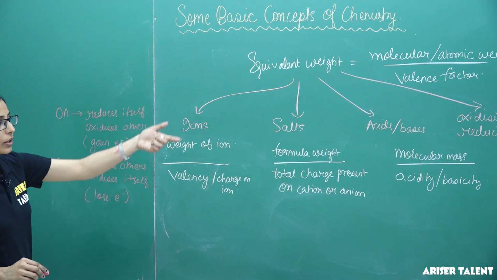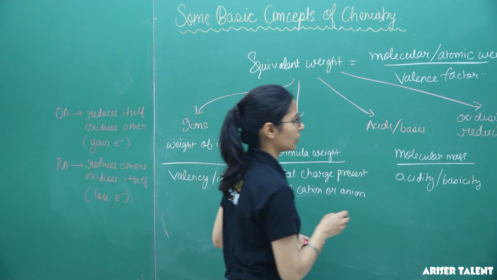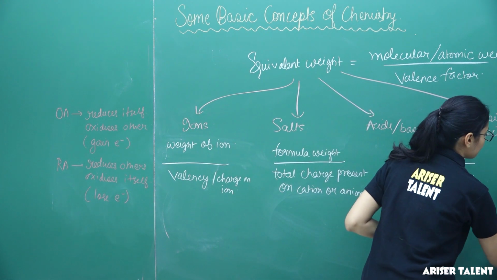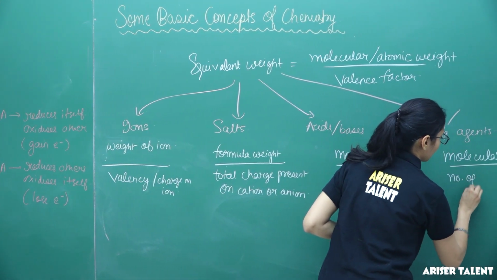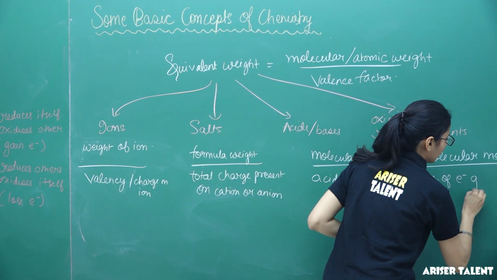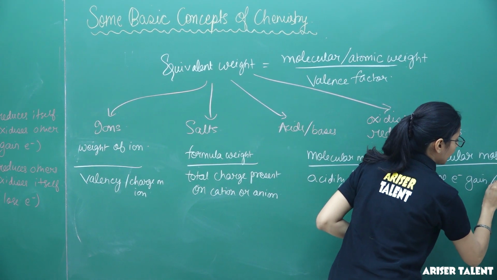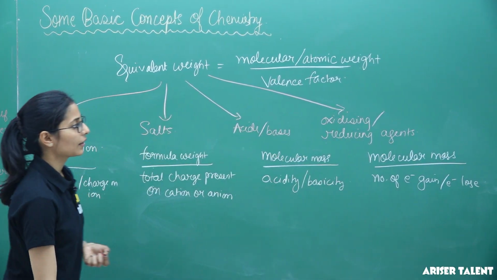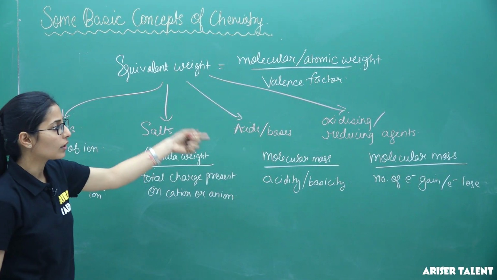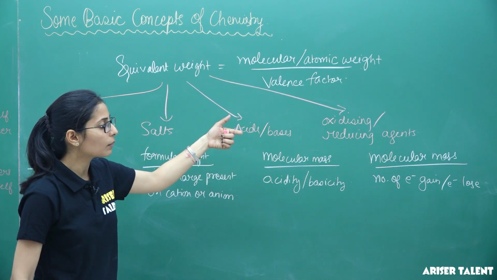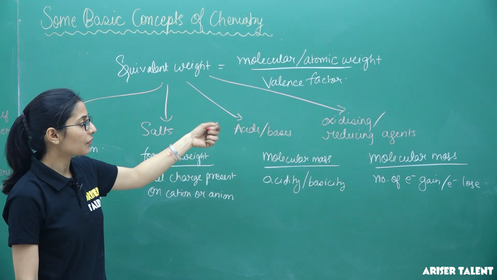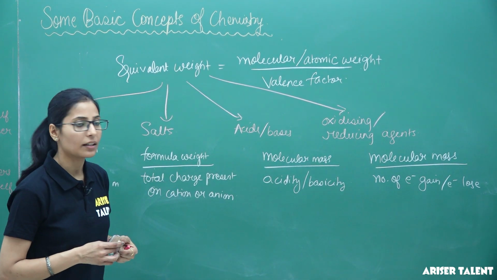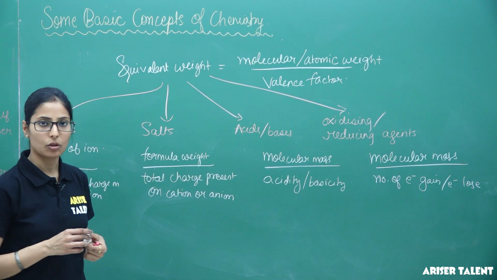So, we are going to write the same valence factor over there. If it is an oxidizing agent, it is going to gain electrons, so we count the number of electrons gained or lost. If we have an oxidizing agent, we write the molecular mass of the oxidizing agent divided by the number of electrons gained, and if it is a reducing agent, then the equivalent weight will be equal to the molecular mass of the reducing agent divided by the number of electrons lost.